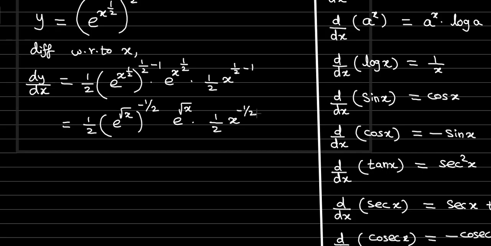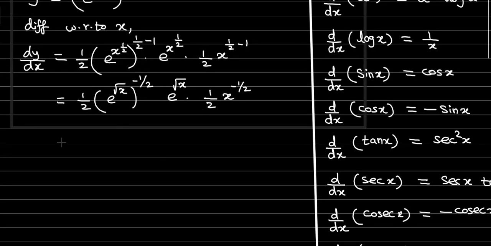Since it has a negative sign, we can take it to the denominator. And 1 by 2 times 1 by 2 we can write as 1 by 4, and in the numerator only e power root x will be there. So e power root x whole divided by 2 into 2, 4.